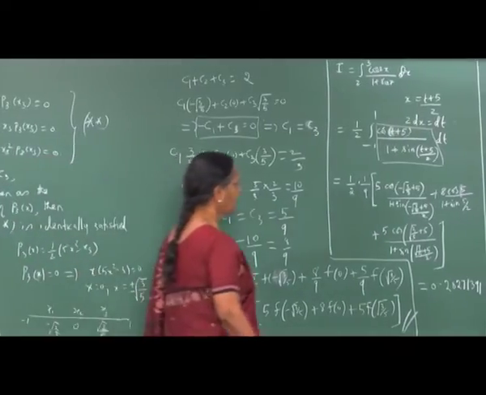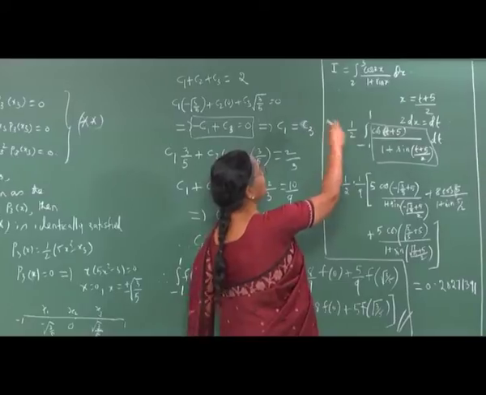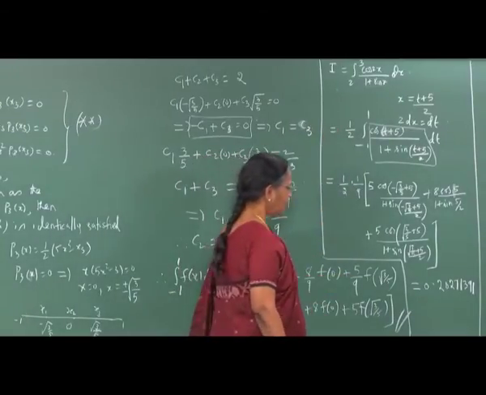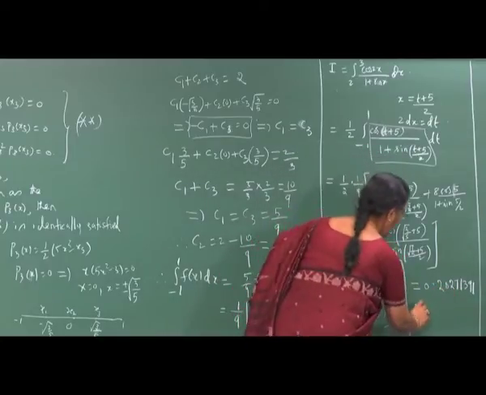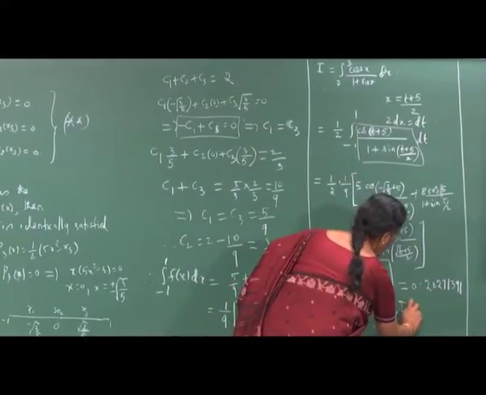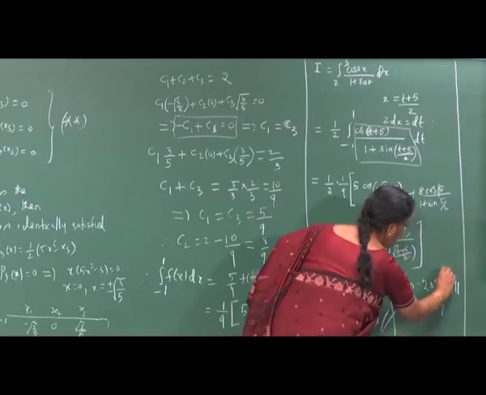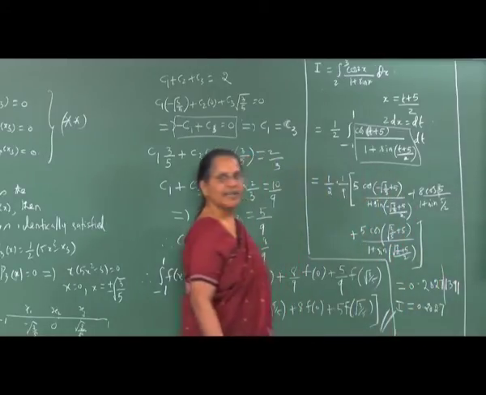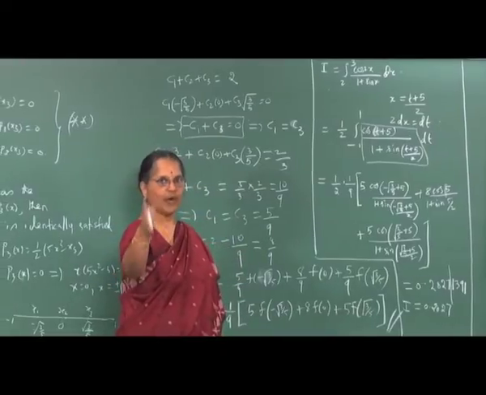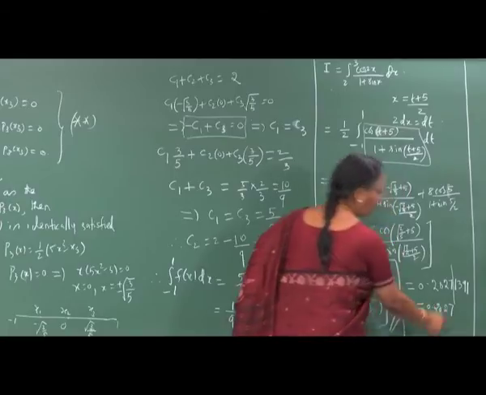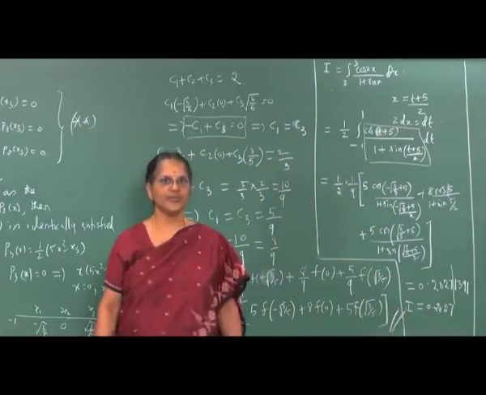And suppose you are asked to evaluate this integral correct to say 4 decimal accuracy, then the solution will be I is equal to 0.2027, because you see what the next digit is, it is 1, less than 5, and therefore the solution correct to 4 decimal places is 0.2027.